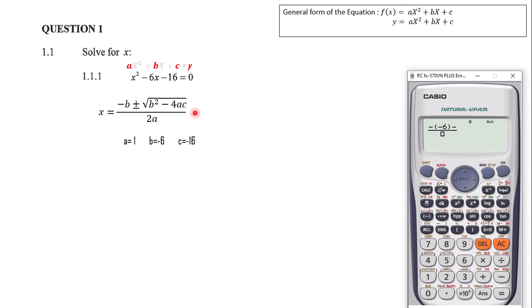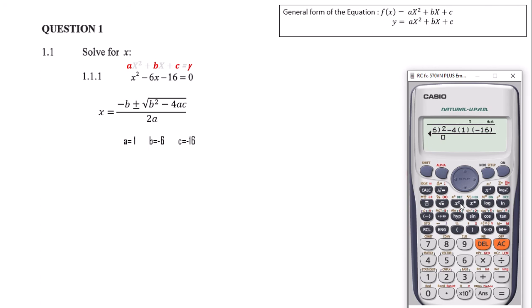We can start with the negative, and then we put our square root sign, and of course our B value again, which is minus 6 squared. We square that, minus 4, and we substitute our A value, that is 1, and our C value, which is negative 16.